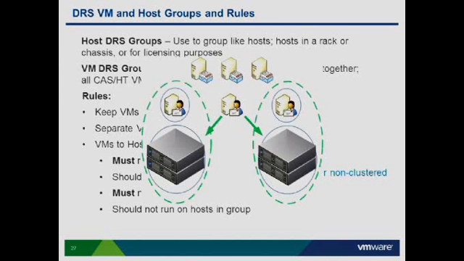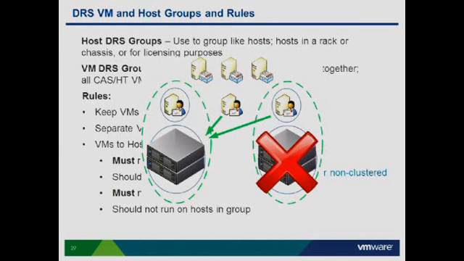So my poor attempt to make a should run rule here is the dotted green line. Basically here, if we have an outage, that other VM, although it's possibly not the best place for it to run, if we have an outage on that right side, on that chassis or on that rack, we can get those VMs to power on. DRS will power them on the left-hand side there.